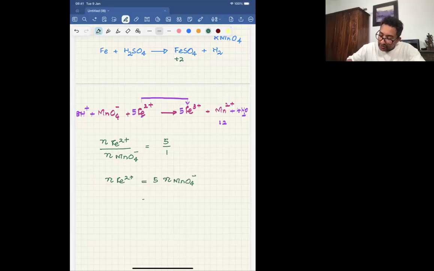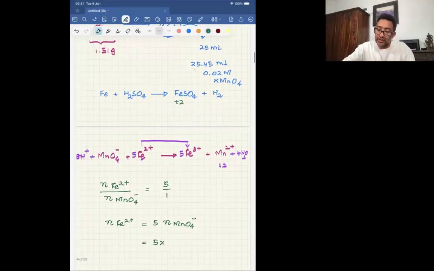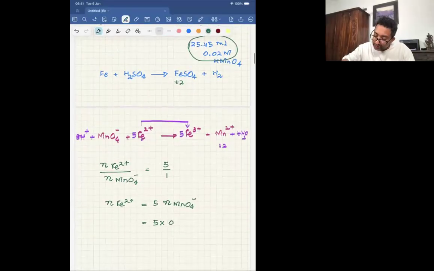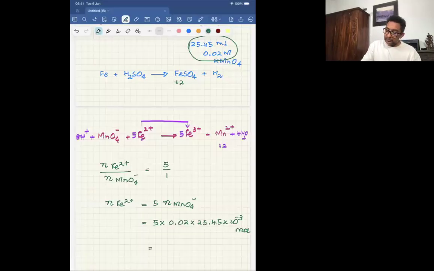What is that amount? 5 times the number of moles of potassium permanganate, which means concentration times volume. Right? Concentration times volume: 0.02 times 25.45 times 10 to the power minus 3 moles. But check whether you understood that part.